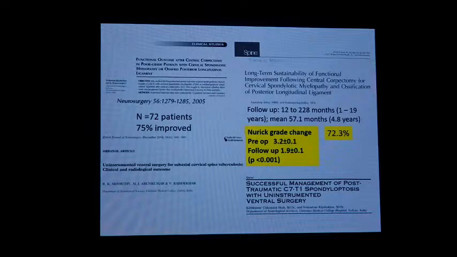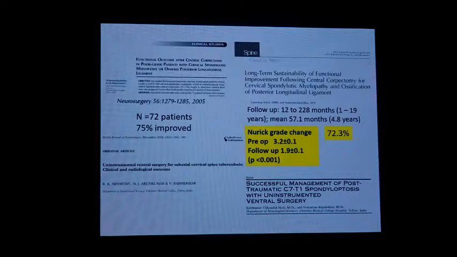So we have used this not only for degenerative cervical myelopathy, which is the commonest indication for uninstrumented corpectomy, in over 400 patients, and this is our improvement rates in patients who are in Nurick grades 4 and 5, 4 being those who need assistance to walk, and 5 being bedridden patients.